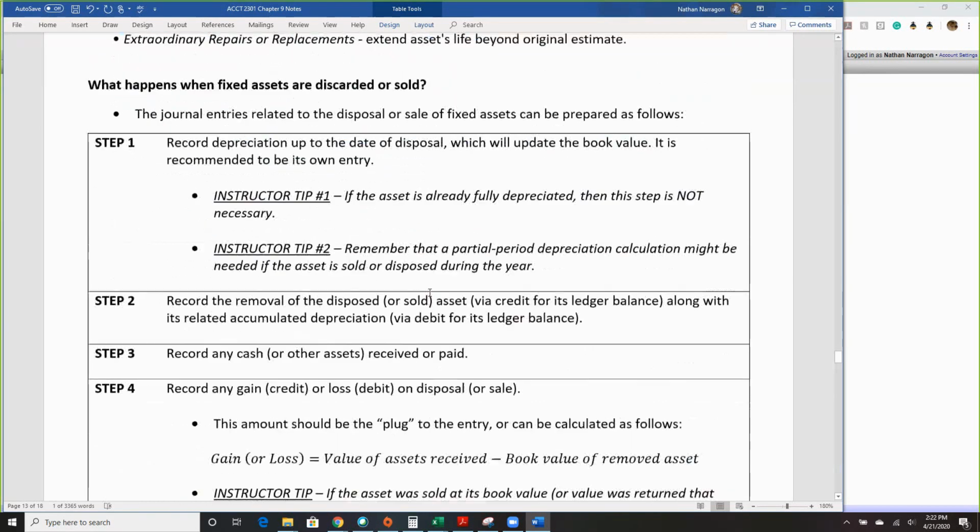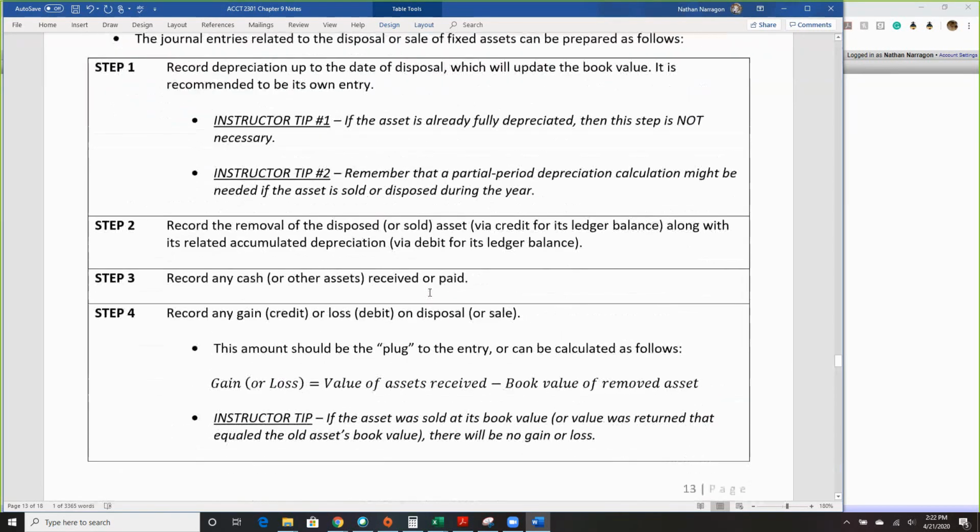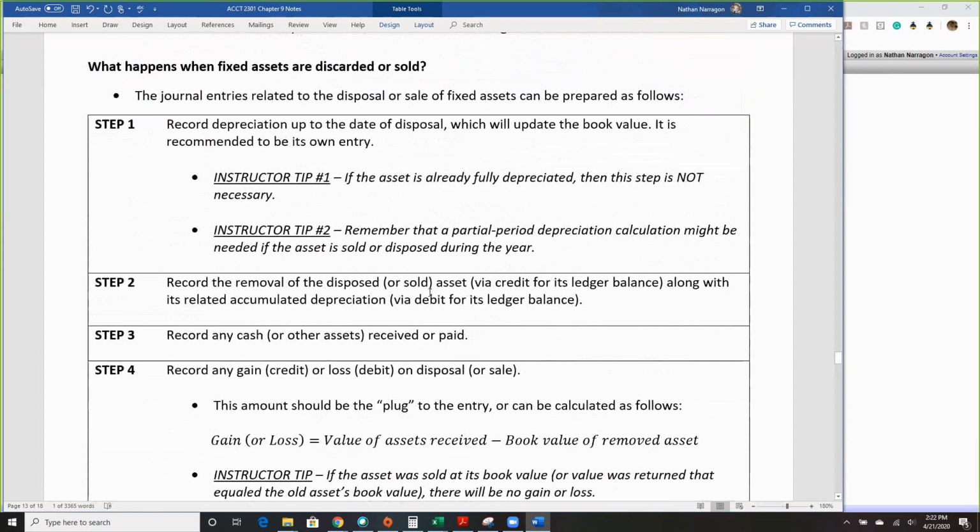Last little bit of depreciation going on here is, of course, how do we remove one when we discard or sell one? Well, we do have 4 steps. And the first step is, of course, you need to calculate any depreciation.